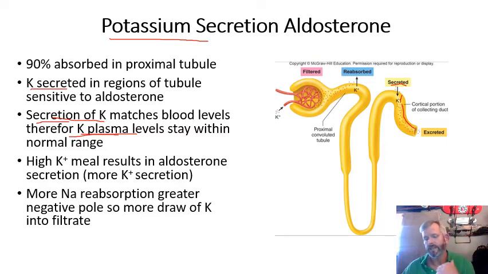So if you scarf down a bunch of bananas, you're going to raise your potassium levels. That potassium level is going to also be a cue to release more aldosterone. So one way to cause secretion is to eat more potassium.